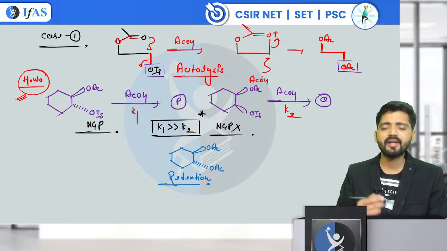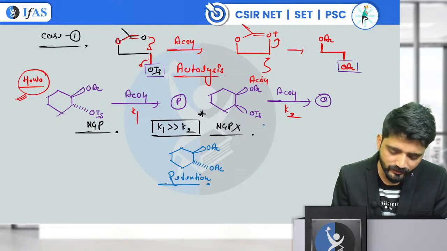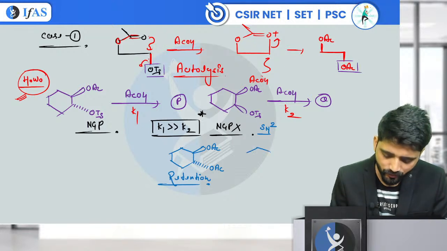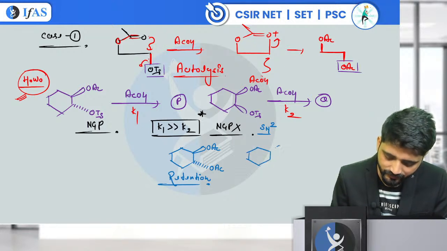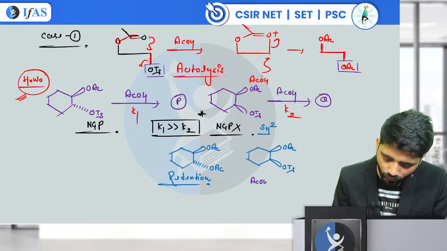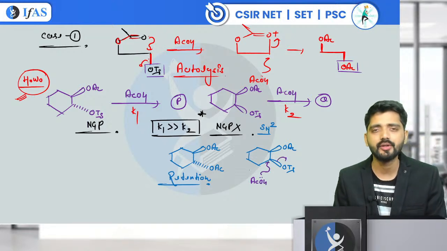When I talk about the second scenario, what happens there? Since NGP is not taking place, in such a case, an SN2 reaction would be taking place. Now, if I draw the substrate once again, at this center what we have is OAc above the plane and OTs below the plane. Now, what happens? AcO-, the nucleophile, will attack at the center and will remove the OTs group.